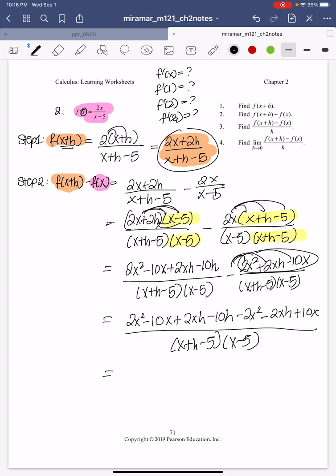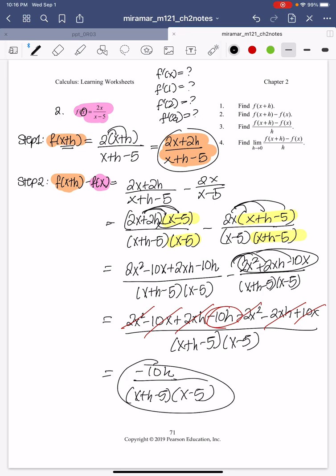We are not done yet. Let's simplify. So it's nice. Some things are canceling out. These are opposites. So I only have negative 10h on the top. And then on the bottom, I have x plus h minus 5 and then x minus 5.